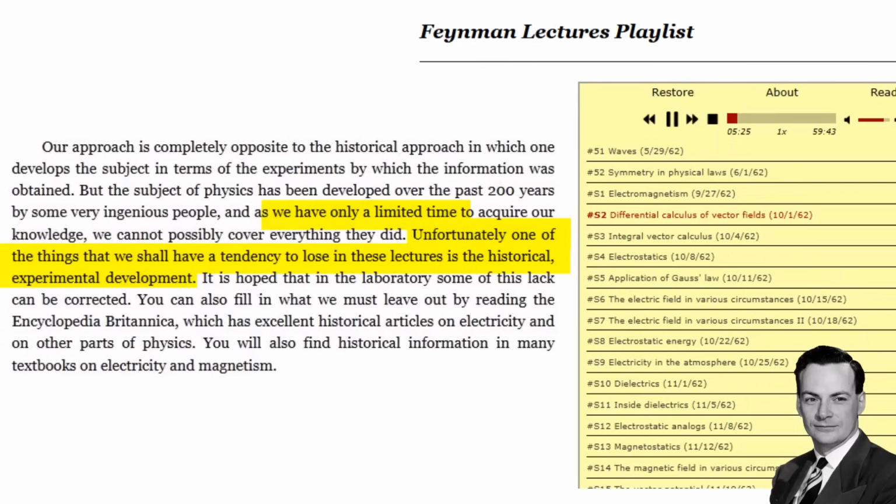I'm sorry, but we have to lose something. And one thing that we have a tendency to lose in these lectures is the historical experimental development." No, Feynman, the historical approach isn't wasteful. It is fundamental. It is transformational. It is physics.